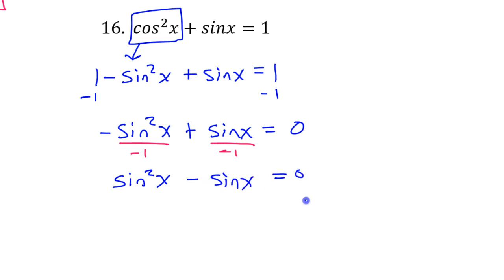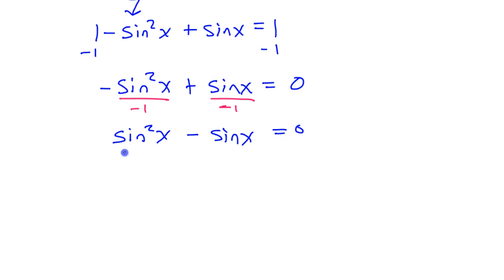That's better. That just seems a lot better to me. Now, I see sine in both places. So sine x is a common factor. That's why I'm going to go ahead and bring sine x out front. And that will leave sine x minus 1 inside the parentheses.